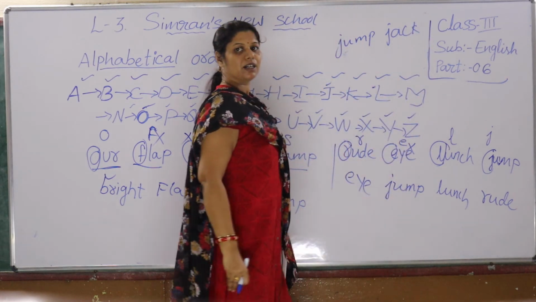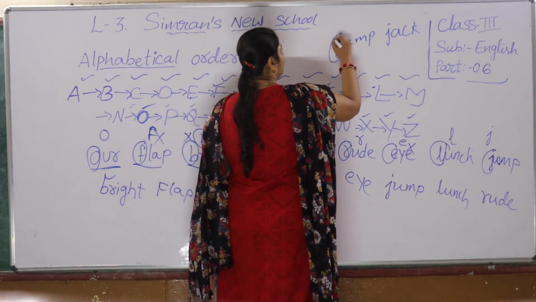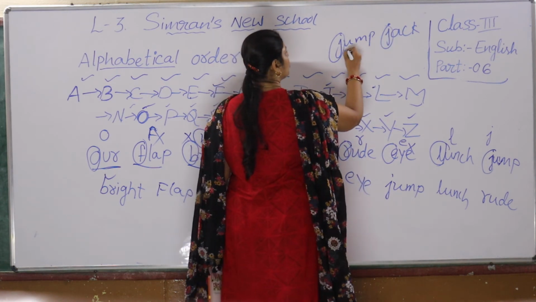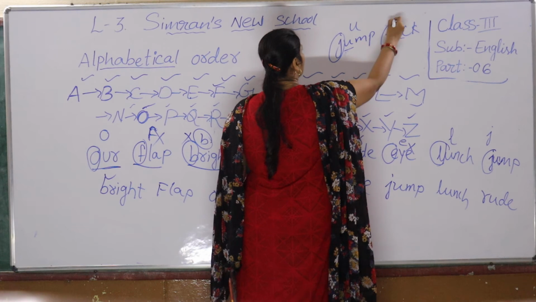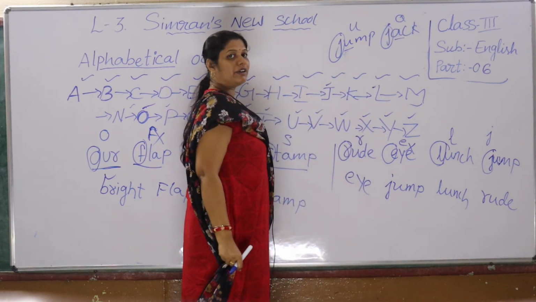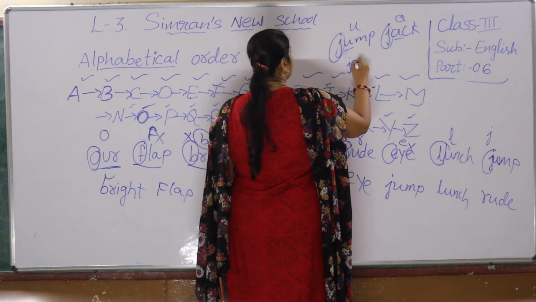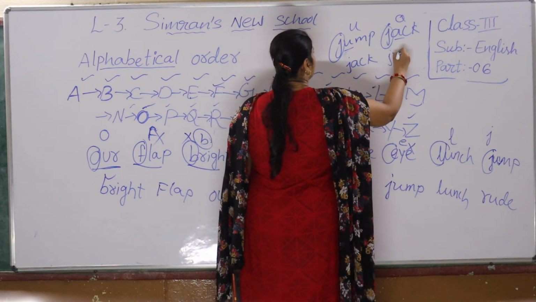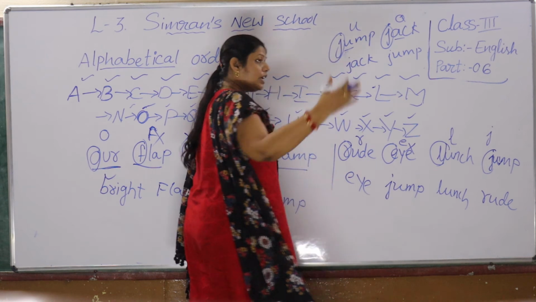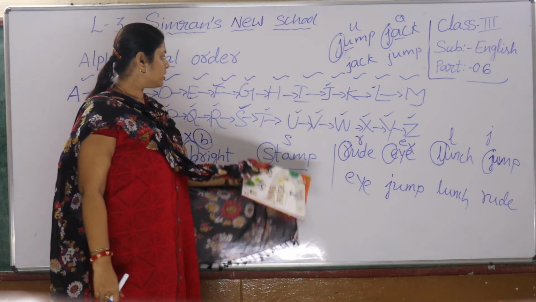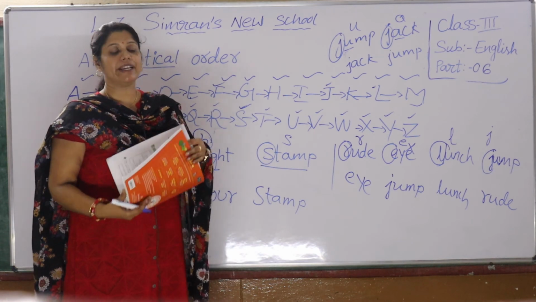The first letters, J, are the same, so we can't decide; you have to go for the second letter, U, A. Which word will come first, children? Letter A, so jack first, then jump. If even the second letter is the same, then go for the third letter. Understand? So this is what is called alphabetical order.